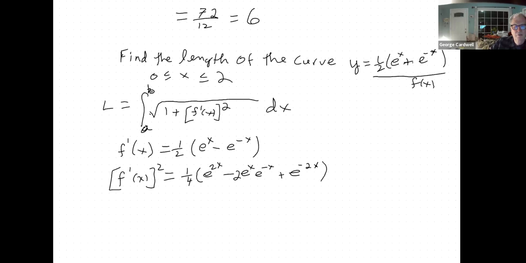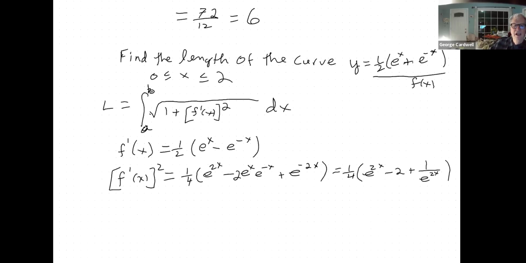So let's simplify this a little bit. This is e to the 2x. What's e to the x times e to the minus x equal to? Somebody type me an answer to that one. What's e to the x times e to the minus x? 1, correct. So it's just 2 times 1, or 2. And I'm going to write e to the minus 2x as 1 over e to the 2x.